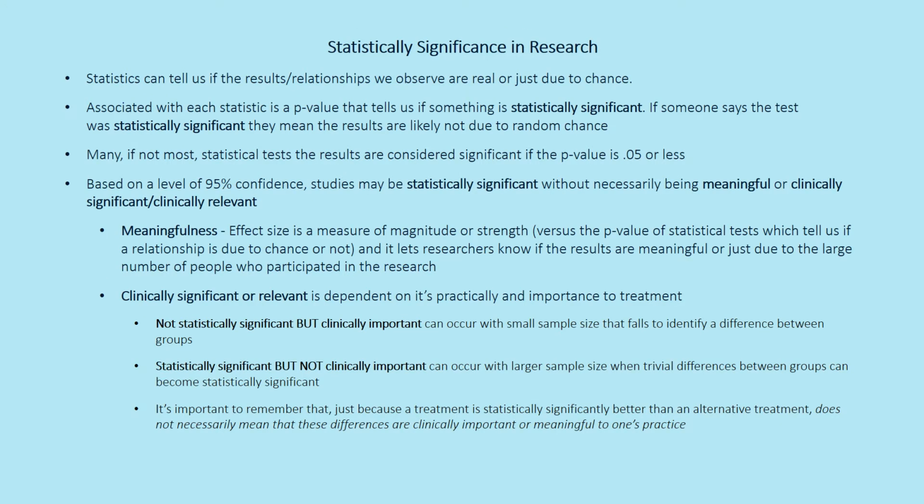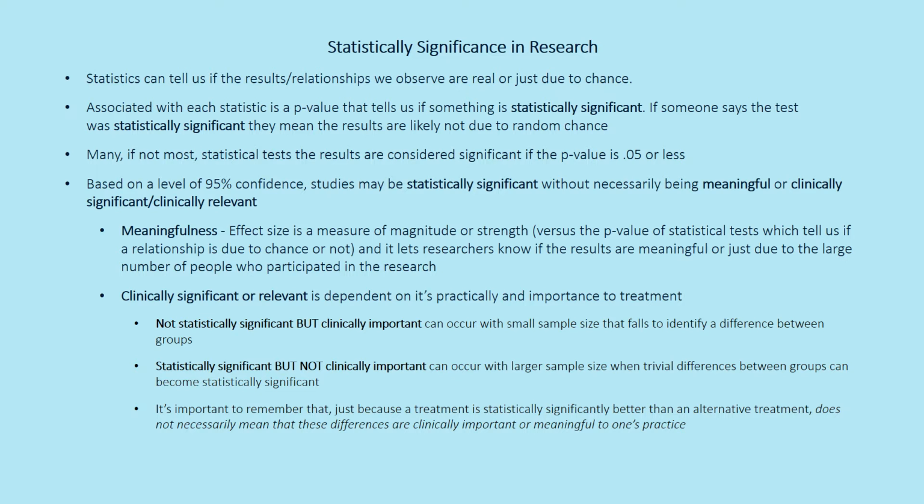After doing all this research, how significant is the research? Statistics can tell us if the results in the relationship we observe are real or just due to chance. We associate them with p-values, and that tells us if they are statistically significant. And if someone says the test was statistically significant, they mean that the results are likely not due to the randomness of chance, which is what we want.